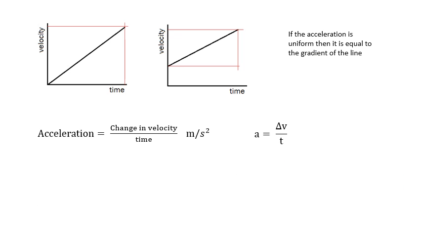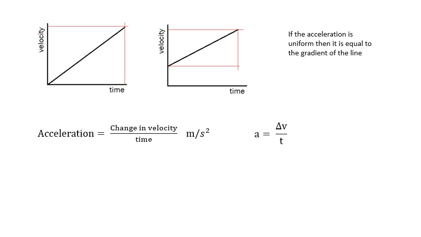Now, if the acceleration is uniform, then the velocity time graph will be a straight line. And the acceleration, we said, is the change in velocity divided by time. So that is going to be the gradient of the line.